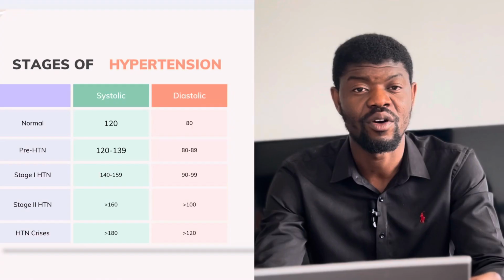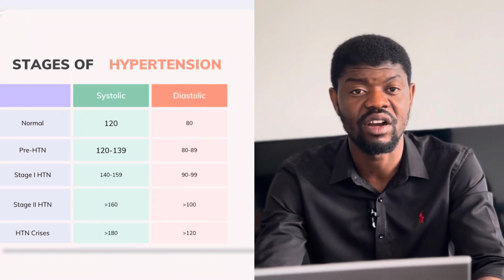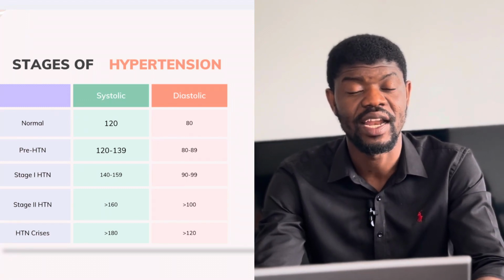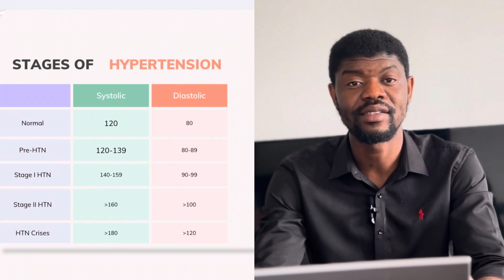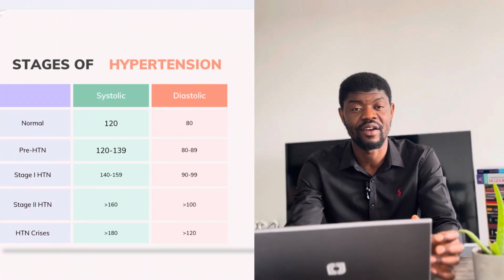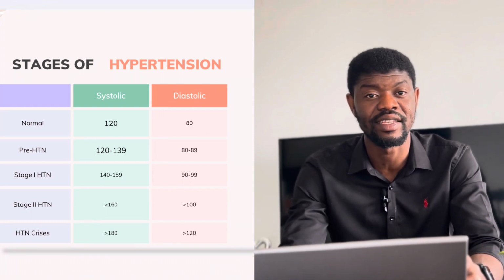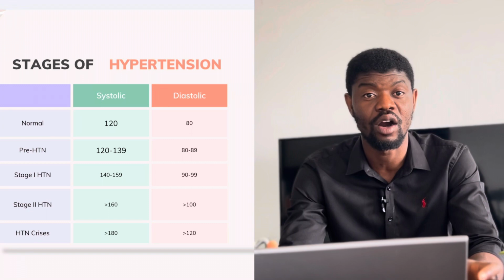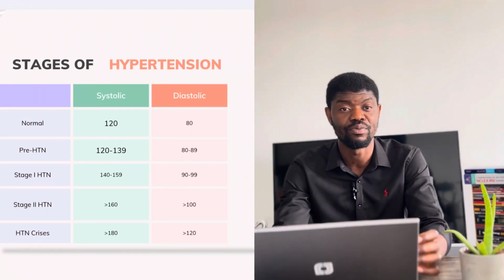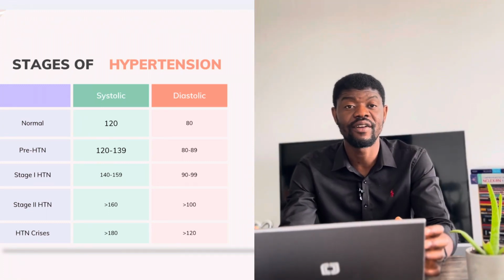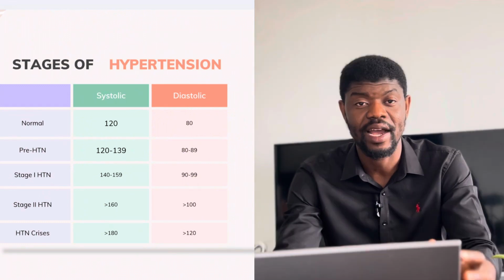So usually for a normal blood pressure, you have a systolic of 120 and a diastolic of 80. I must say that blood pressure is very dependent on person to person. So even though we have the normal as 120 and 80, others may have slightly lower or slightly higher as their normal blood pressures.